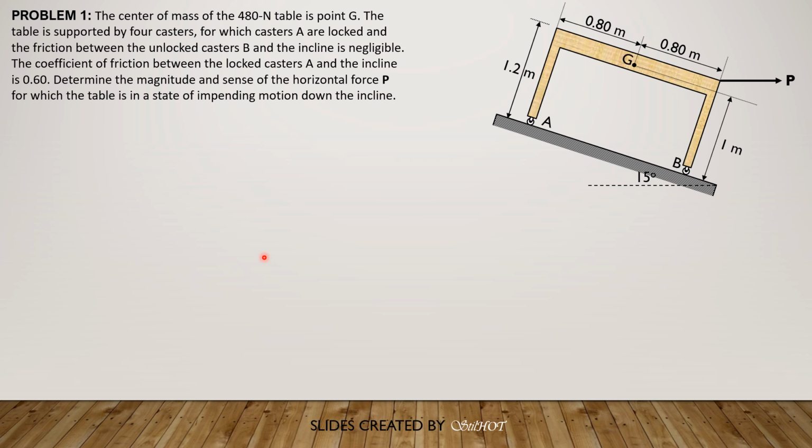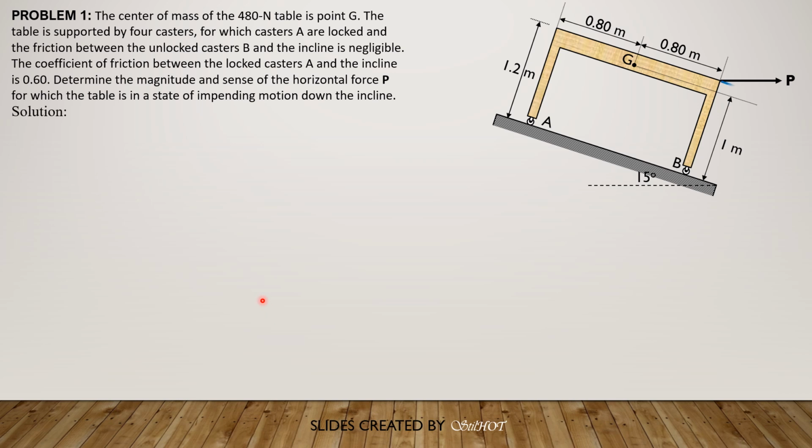So let's assume that the table will be at rest even without the application of P. Now, if P is applied and it will give us a negative value, it means that the table will slide even if P is 0. So if it is the case, then we have to reverse the direction of the force P so that it will hold or prevent the table from sliding down.